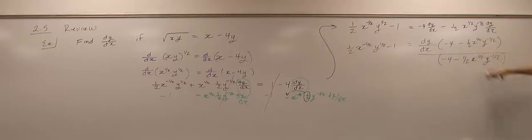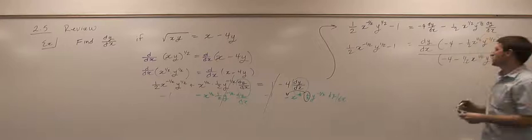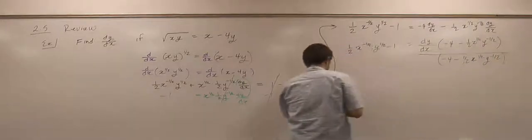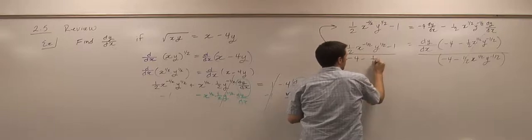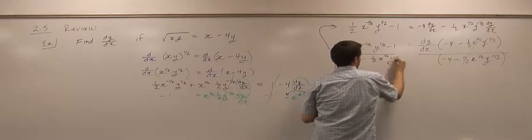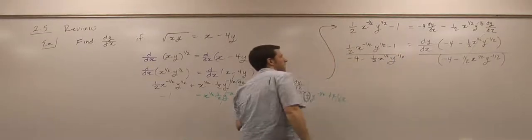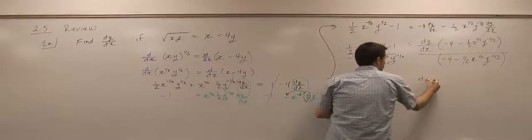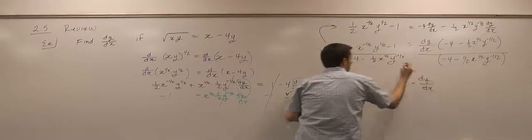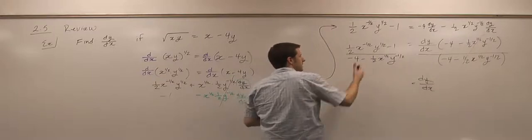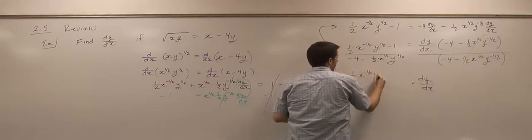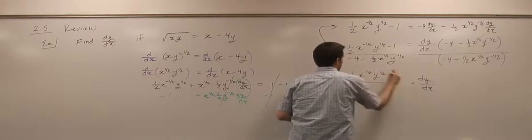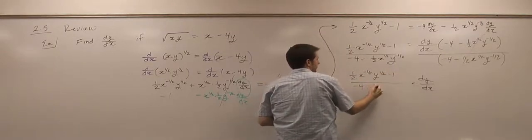Divide by this whole factor here, and it ends up going away. You have to do it to the other side as well. So altogether, dy dx, the derivative of y with respect to x, is 1/2 x to the negative 1/2 y to the 1/2 minus 1 over this.